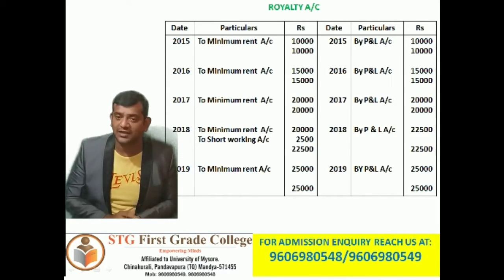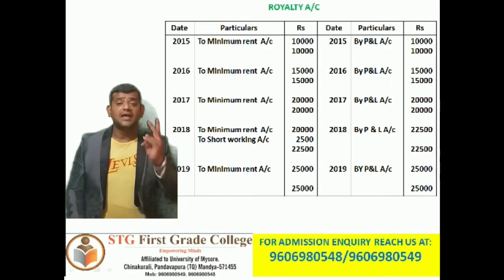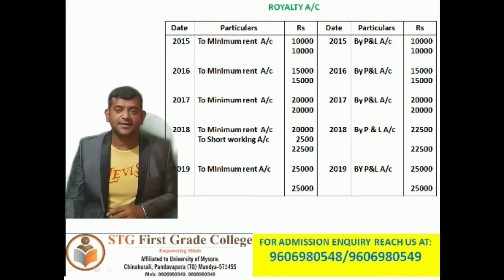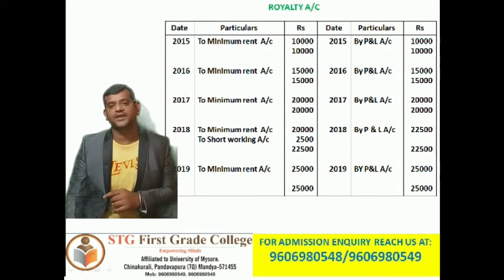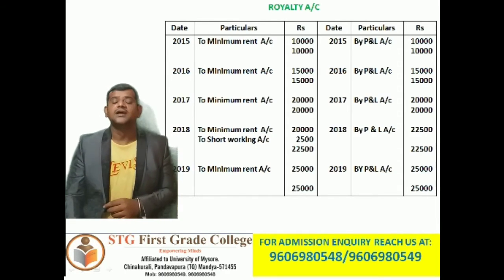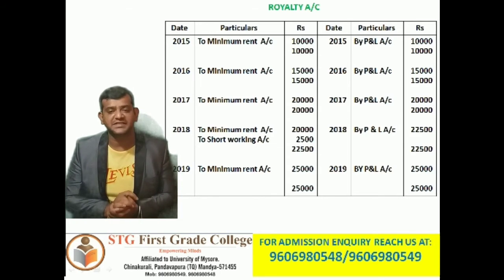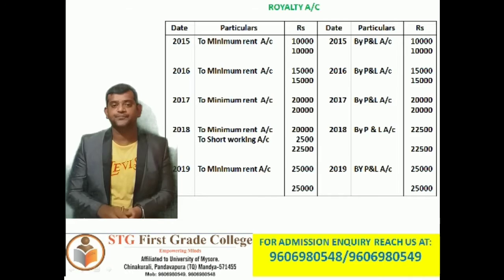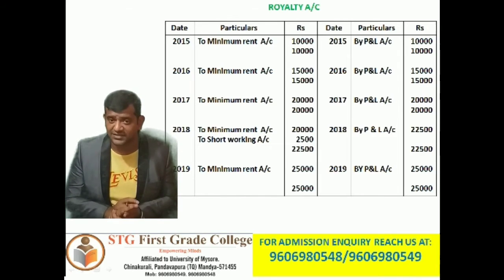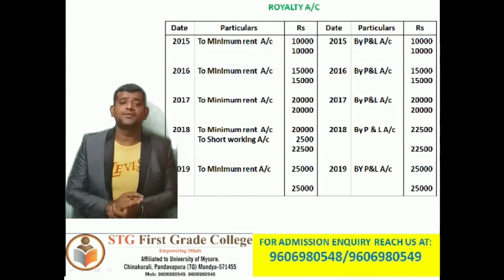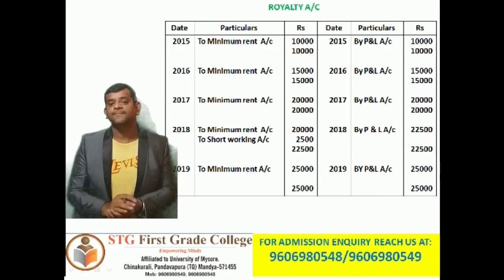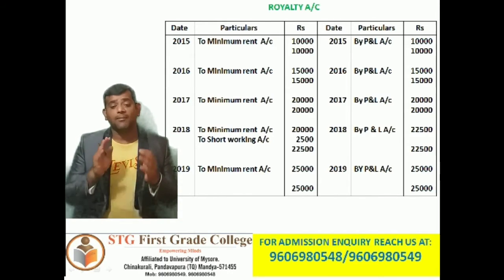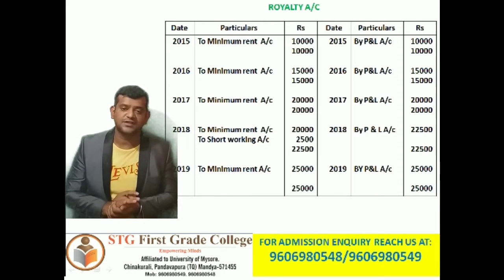Both the side total 10,000 and 10,000. In the year 2016, to minimum rent account 15,000 rupees we could generate. So 15,000, 2016, by P&L account 15,000 rupees. In the year 2017, to minimum rent account 20,000, 2017, by P&L account 20,000, both the side total 20,000 and 20,000.